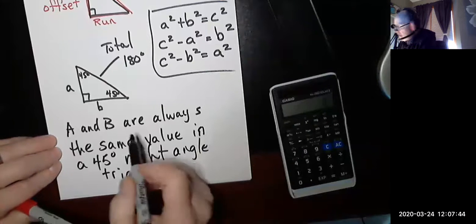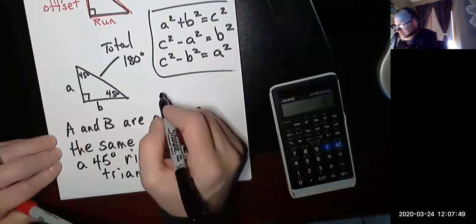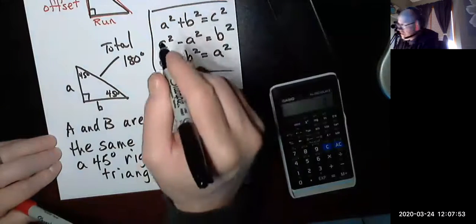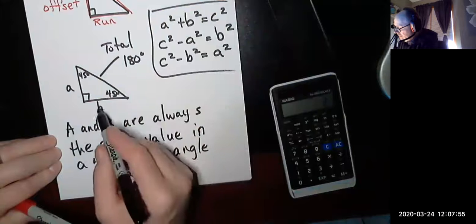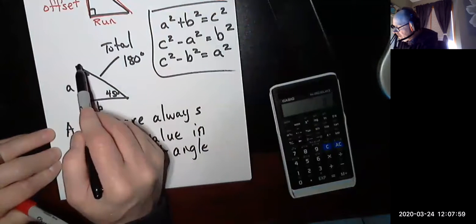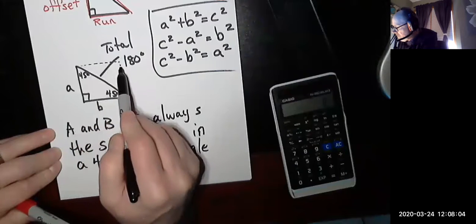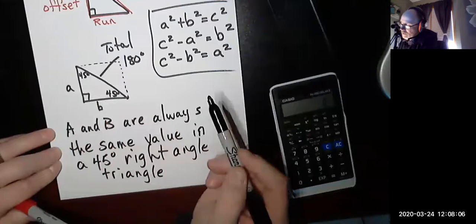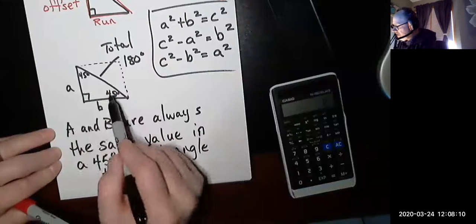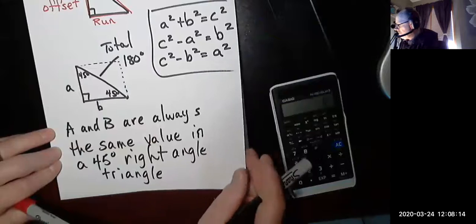Okay, A and B are always the same because that would say right back to Pythagorean theorem. Now, A and B are always the same in a 45-degree right angle triangle because clearly if it's 45 degrees, we are simply having a perfect square and we're cutting it in half. Okay, so that's why A and B are always the same in a 45-degree right angle triangle.